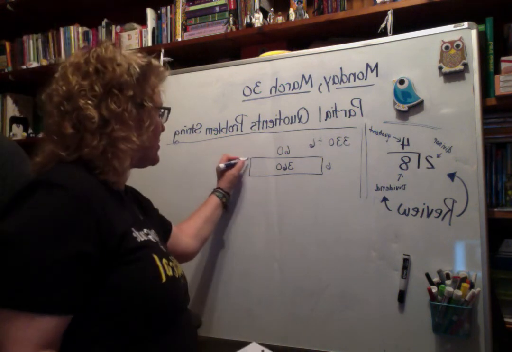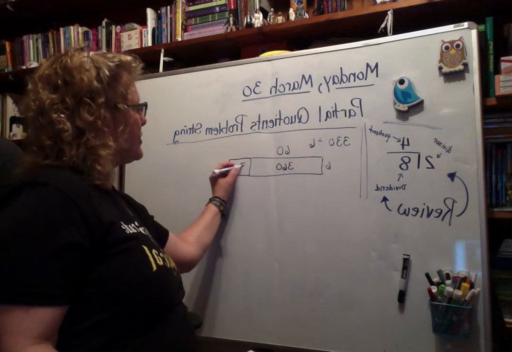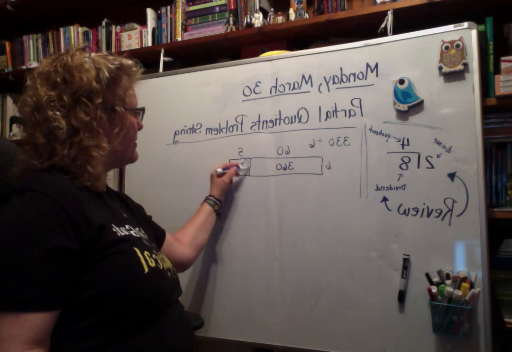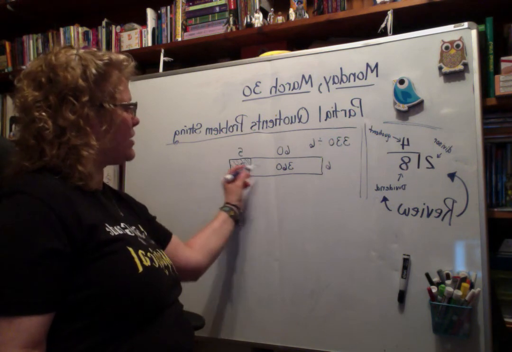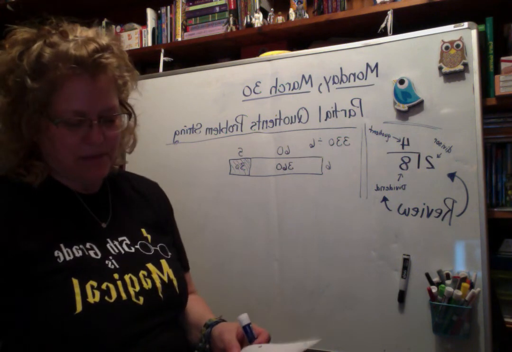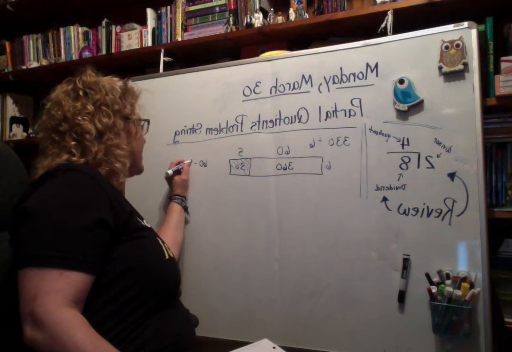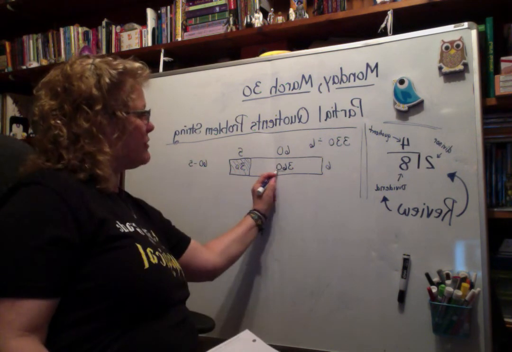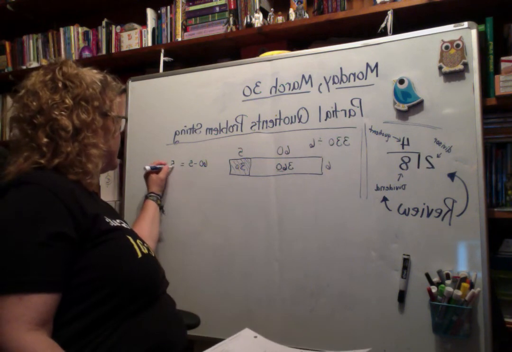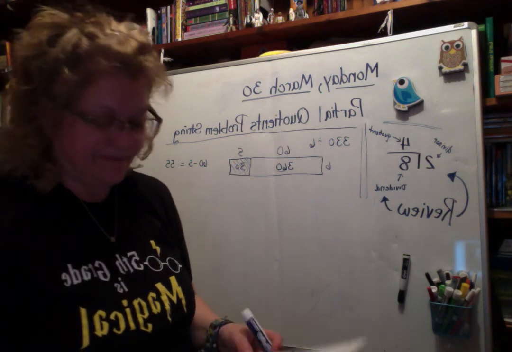And then we also knew that 30 divided by 6 was 5. So if we take away this much part of there, then the answer on this must be 60 take away 5. Because 30 from 60 is 330, right? Just another way to try to show it to you.